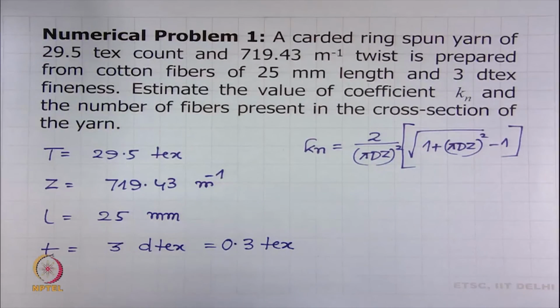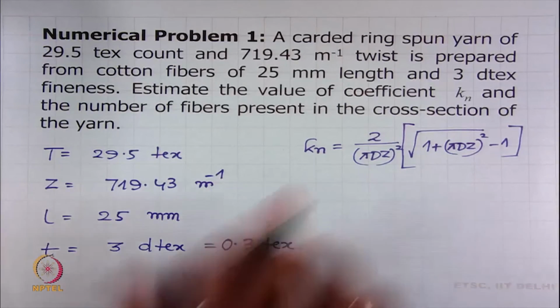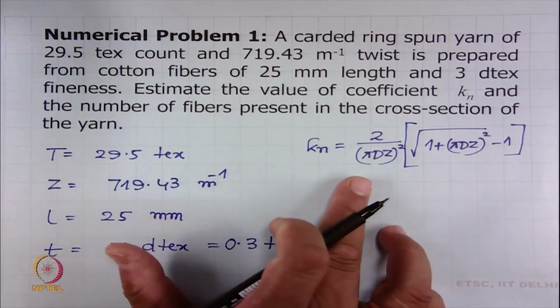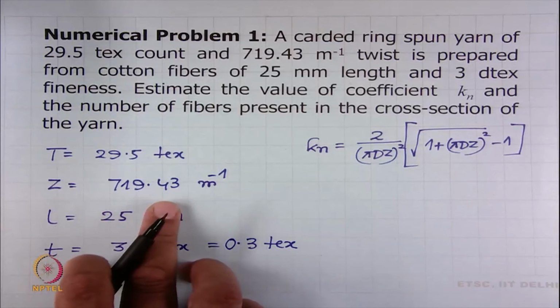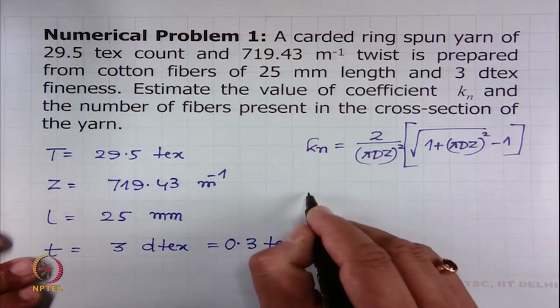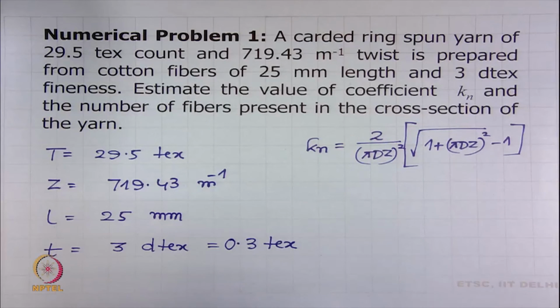This is your coefficient Kn. So, what do you have to determine? In order to find coefficient Kn, you have to determine d and z. Z is given, 719.43. So, simply you have to determine d, the yarn diameter.